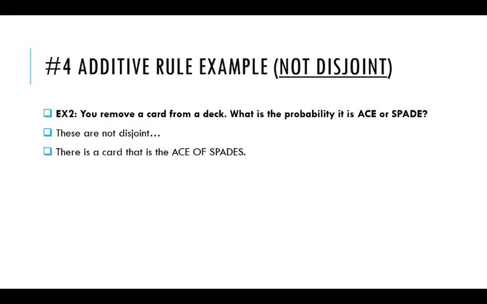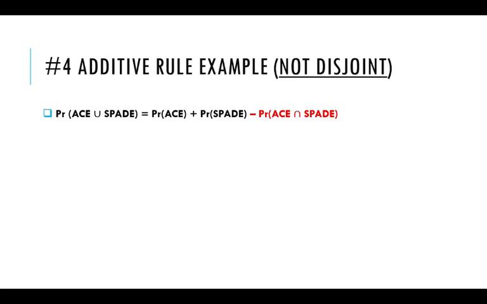That's the overlap. There's a card that overlaps, and that's the ace of spades. So, if I want to calculate the probability that the card is an ace or a spade, look at my equation. I have to calculate the probability of getting an ace plus the probability of getting a spade, and then subtracting out the overlap so I don't count it twice, which is the probability of an ace of spades. So the probability of an ace, there are 4 aces in a deck of 52 cards.